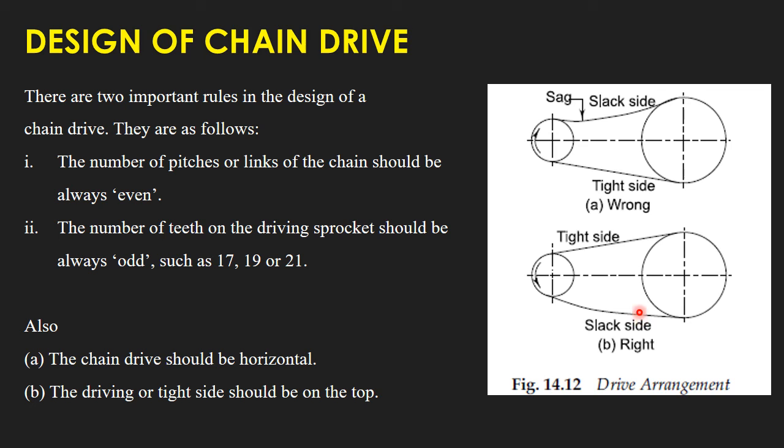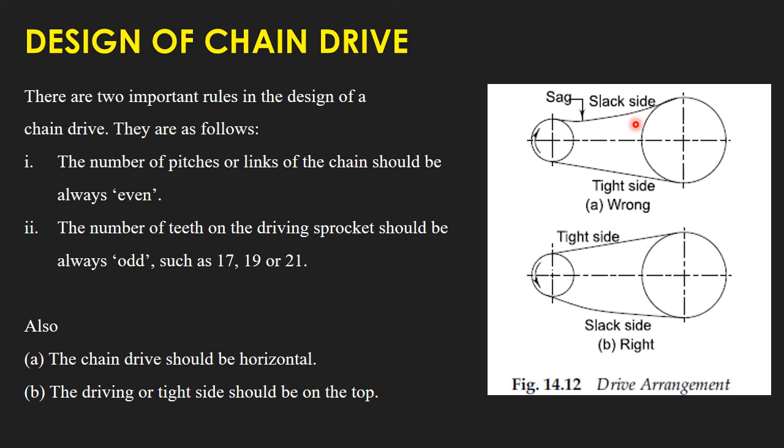Why? Because if you provide the slack side at the top in a chain drive, then during operation this sagging portion of the chain will engage with the teeth on the sprocket and will result in lower power transmission. This sagging portion will engage with the teeth on both driving and driven sprockets.